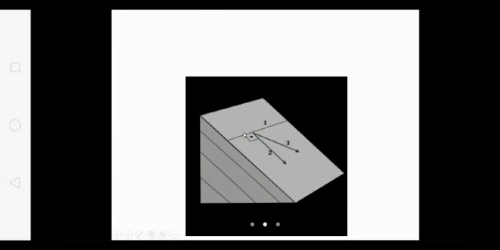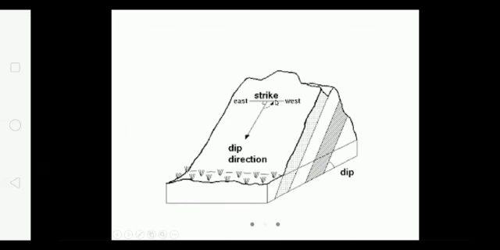This is true dip. Again, we have inclinations. This is also inclined with respect to the ground, but it is not perpendicular, so you can call this an apparent dip. I hope that is clear. Strike is this, and perpendicular to it is the true dip.